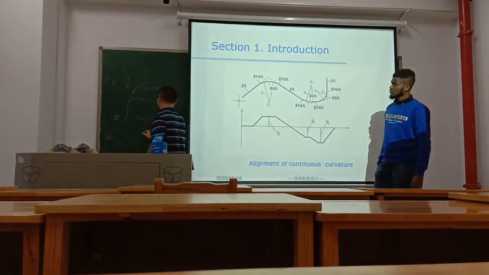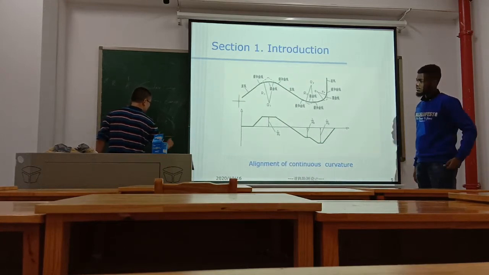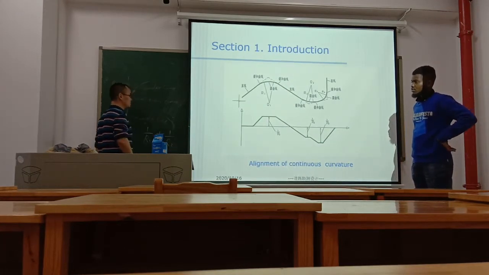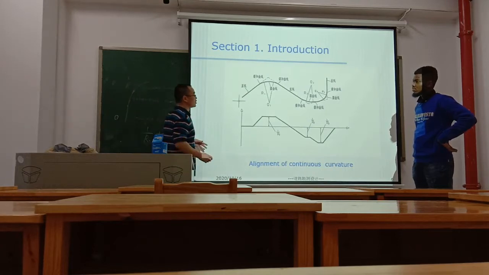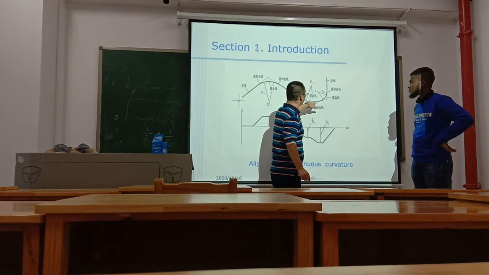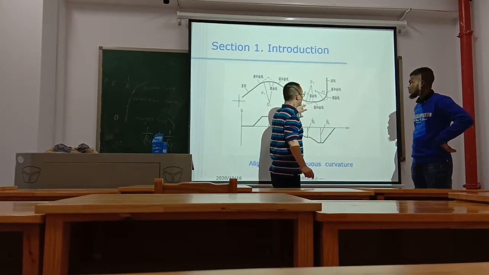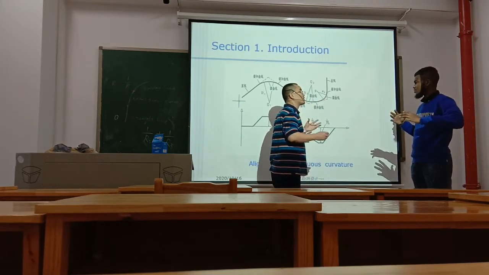If there is no transition curve between the two circular curves, the coverage is not continuous.